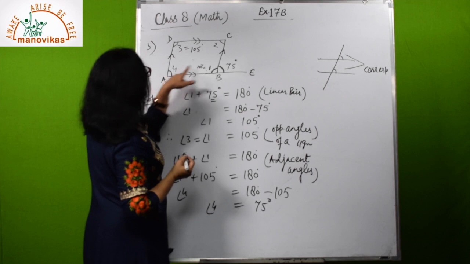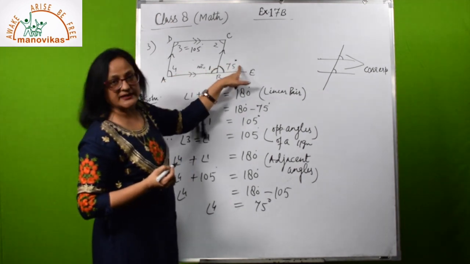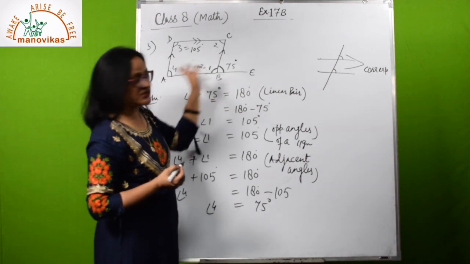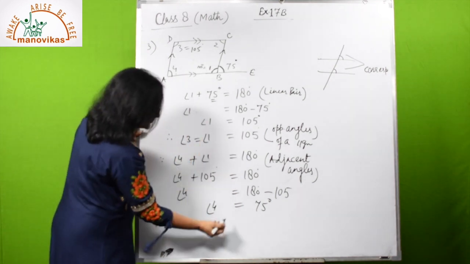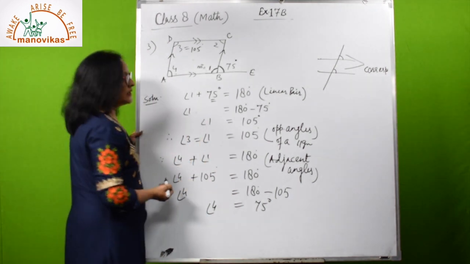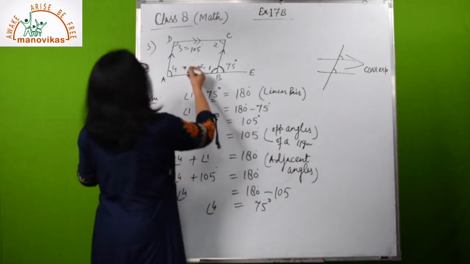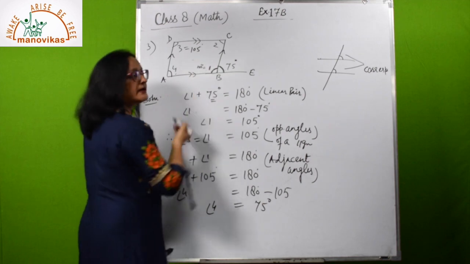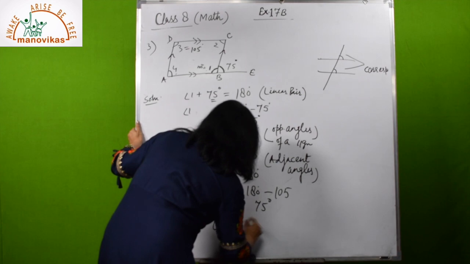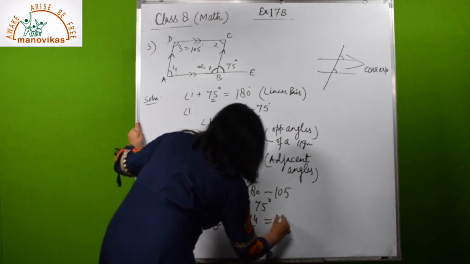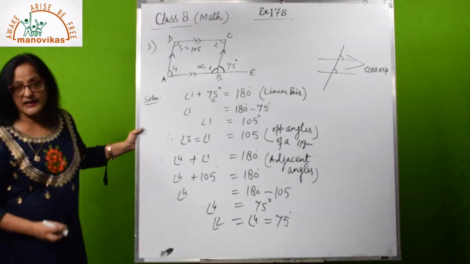Directly you can take this connection, this combination, so you will get the value of angle 4 directly. But here I have shown you this way also you can do it. So angle 4 is 75 degree, and angle 4 and angle 2, they are equal. So angle 2 is equal to angle 4, and that is equal to 75 degree. So we have found all the angles here.